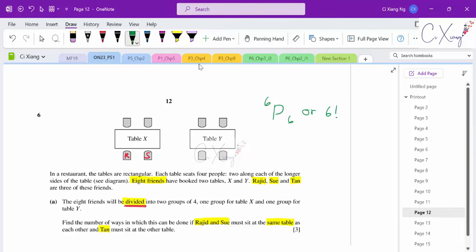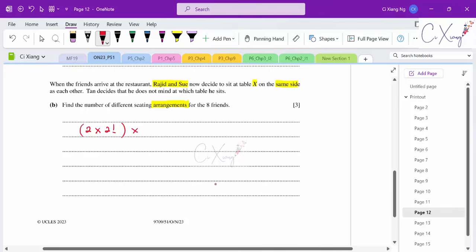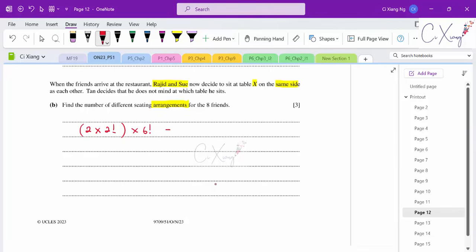Because Tan no longer cares which table he needs to sit at. He can sit anywhere, right? So you just arrange them like normal people. You can straight away arrange all the 6 people together, so 6P6 or 6 factorial. So multiply it with 6 factorial. By right you should have 2880.